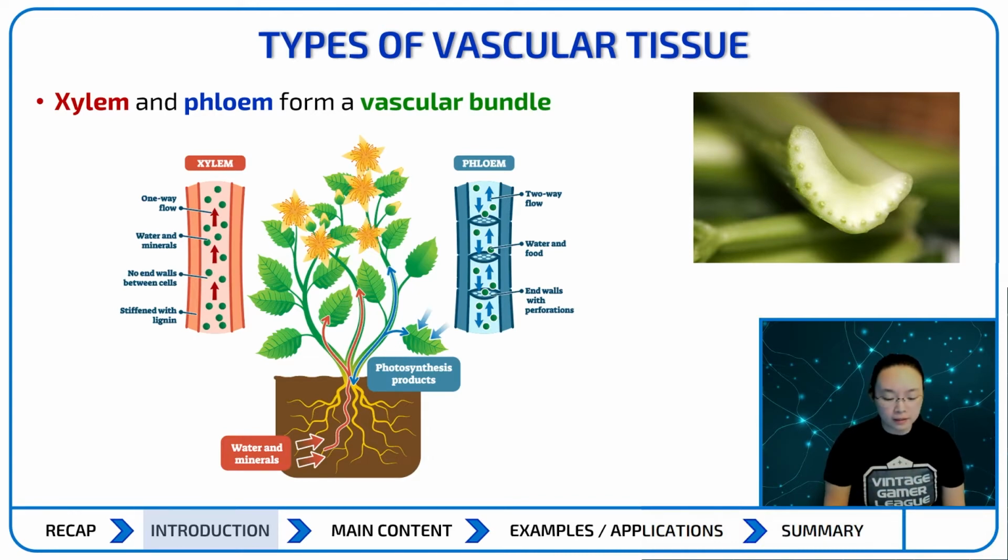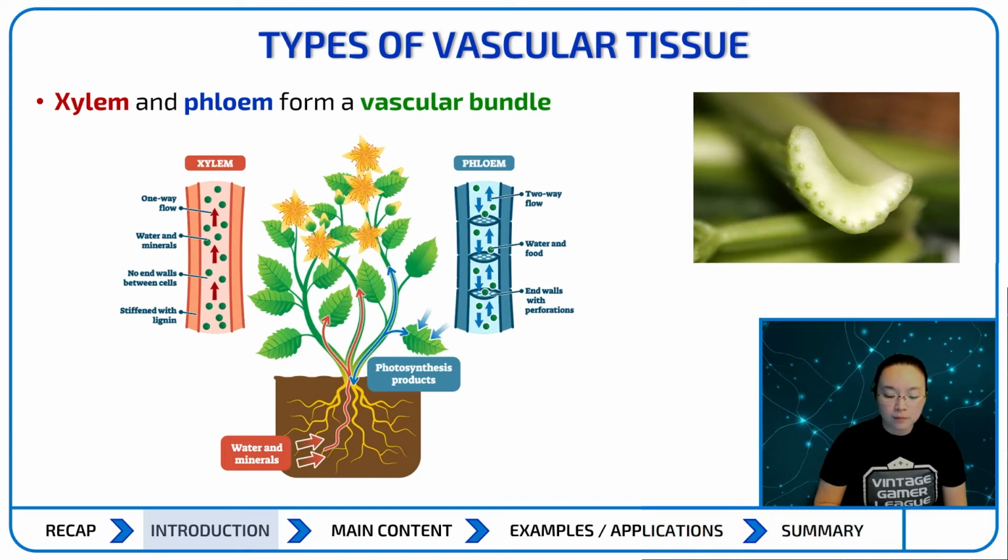So in plants, there are two types of vascular tissue. One is called xylem, and the other is called phloem. These two tissues are really closely tied to one another, and pretty much located side by side. And when they're side by side, they get grouped together and are called a vascular bundle. So the job of this vascular bundle is to transport fluid and nutrients internally throughout the plant.